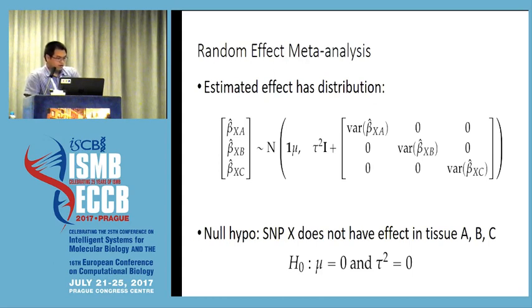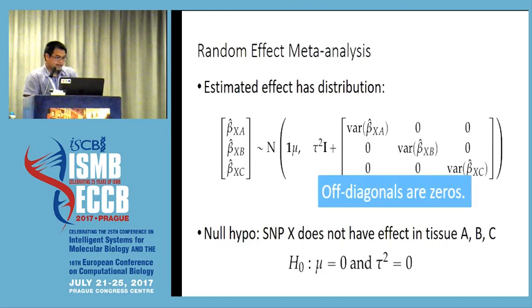Before moving forward, if you look at this distribution for the estimated effects, you can see that the off diagonals are 0, which means that you are assuming these estimated effects are independent across all the tissues.